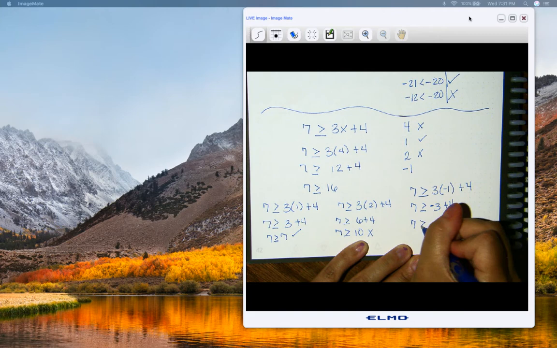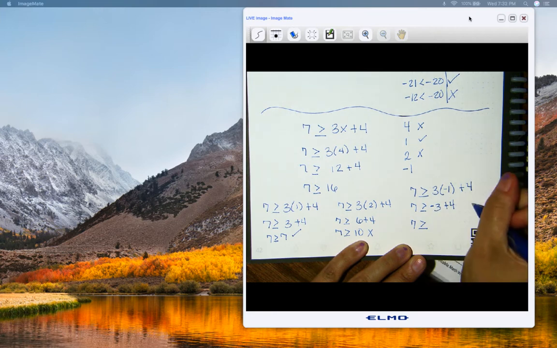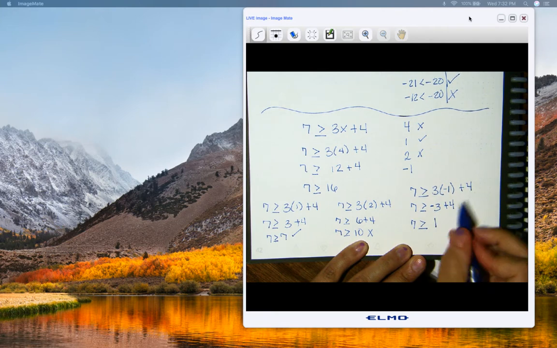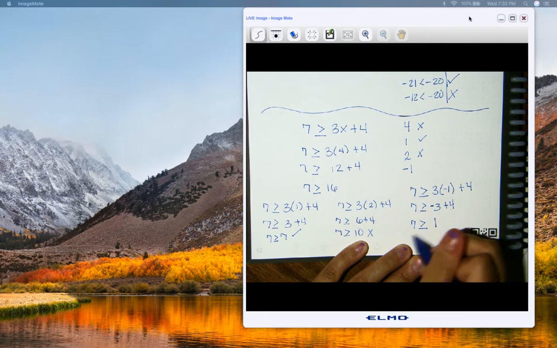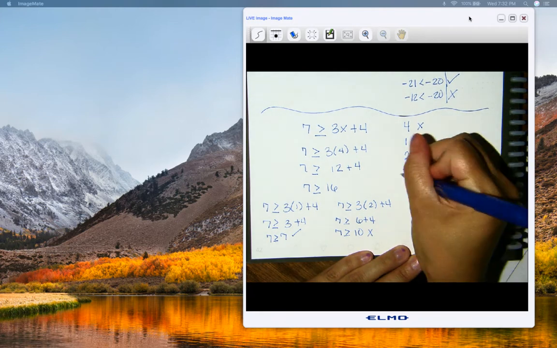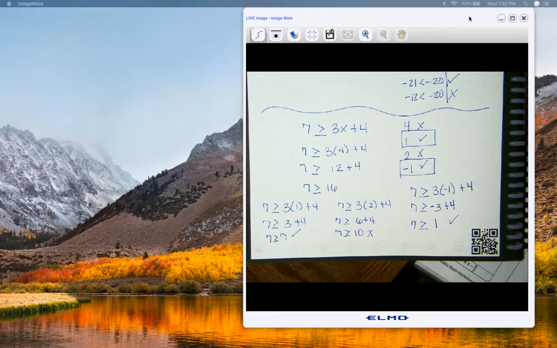If I have negative $3, a better way is you subtract those, 4 minus 3 is 1. I had more positives than negatives. So our answer is 1. So is 7 greater than or equal to 1? Yes, it is. So the two solutions that worked here were 1 and negative 1.